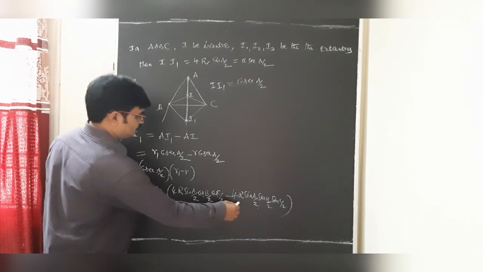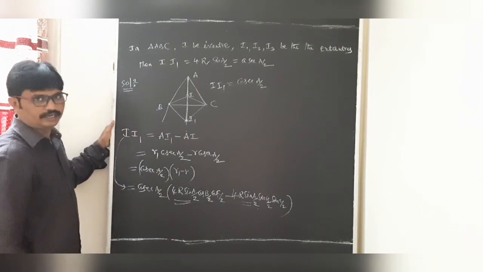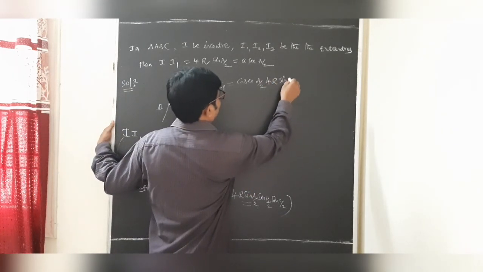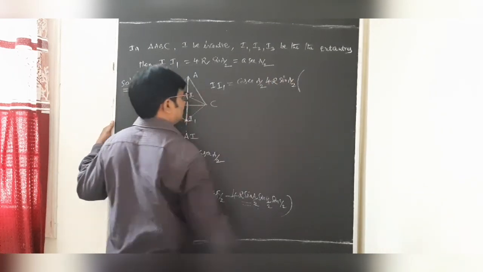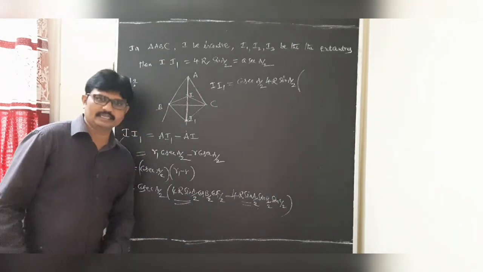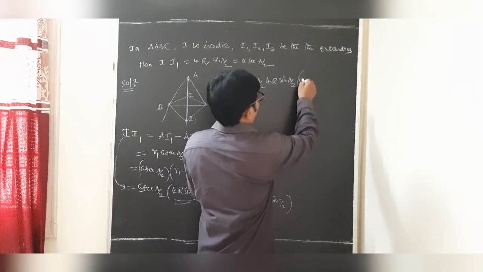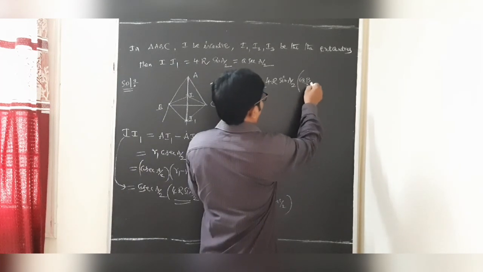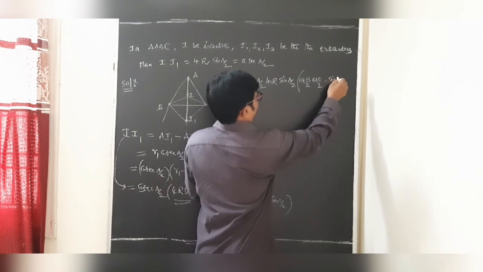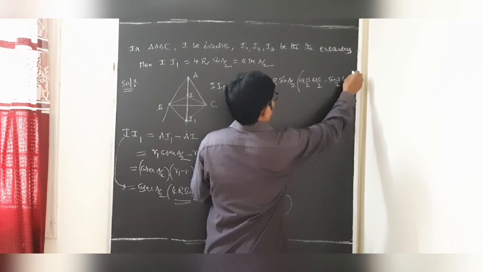So my dear students, here 4R sin A by 2 is there in both terms. So students, 4R sin of A by 2. What remains is cos B by 2 into cos C by 2 minus sin B by 2 into sin C by 2.